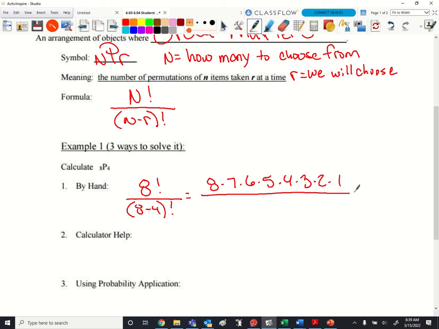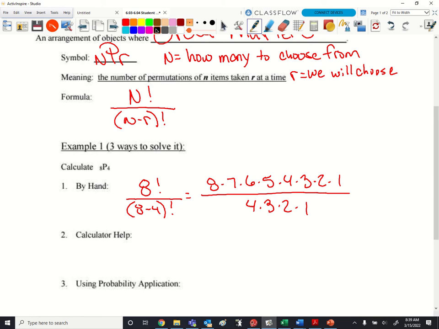Now, on the bottom, it's 8 minus 4 factorial. What is 8 minus 4? 4. So it's going to be 4 factorial: 4 times 3 times 2 times 1. Now, doing this by hand, I'm able to cancel out a lot of these because I have the same numbers on top as I do on bottom.